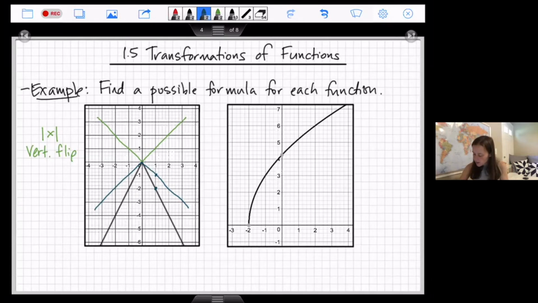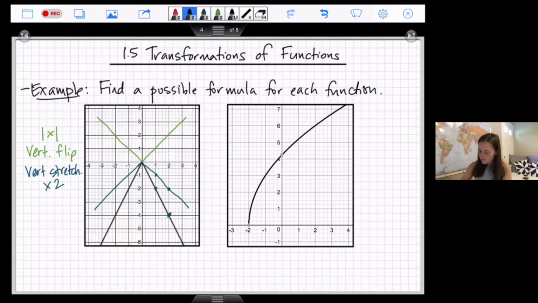I've got this point on the original blue flipped graph at 2, -2. And sure enough, the y coordinate is 2 times as big as that. 2 times -2 would give you -4. So this has had a vertical stretch times 2.